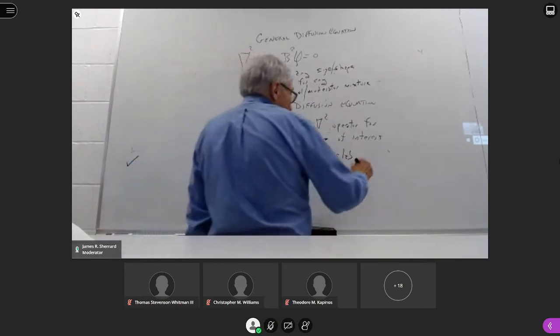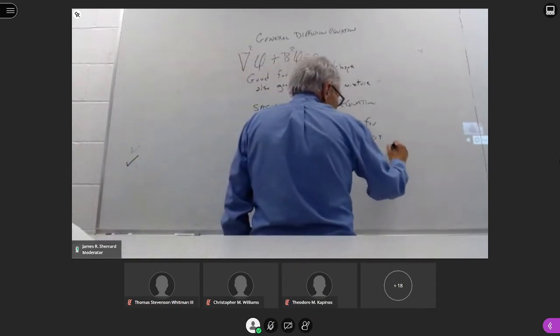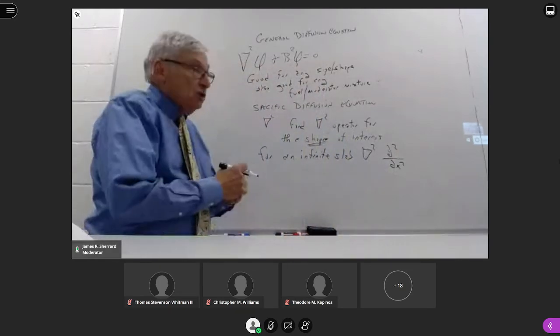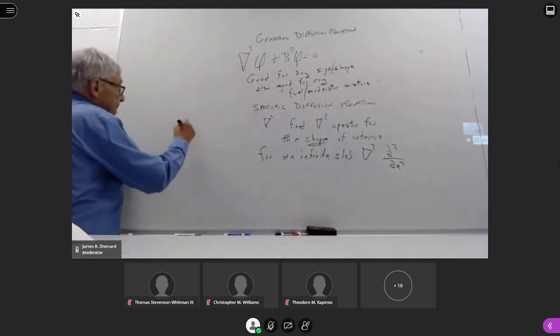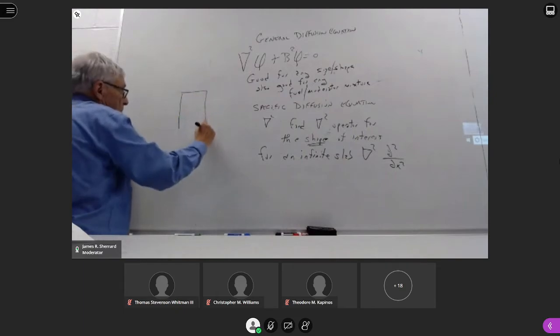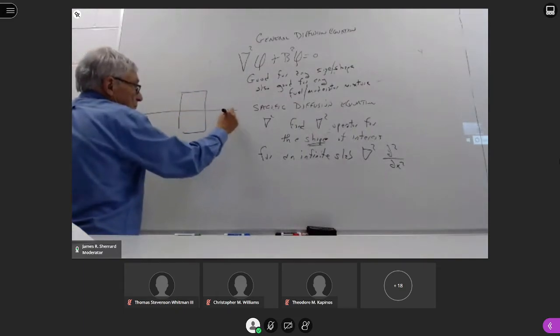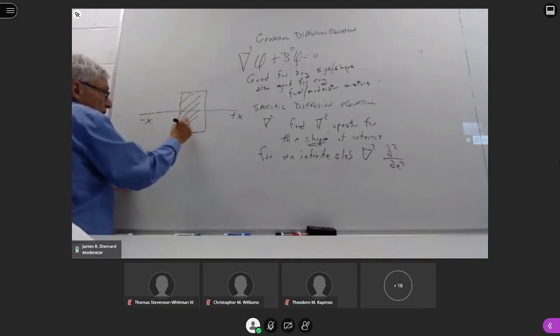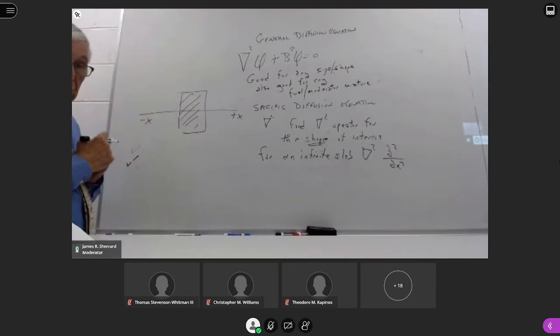For an infinite slab, my del 2 operator becomes d2 dx squared, because for an infinite slab, this is the geometric placement of all the materials.